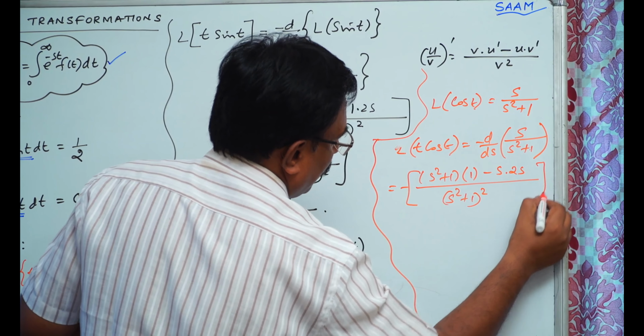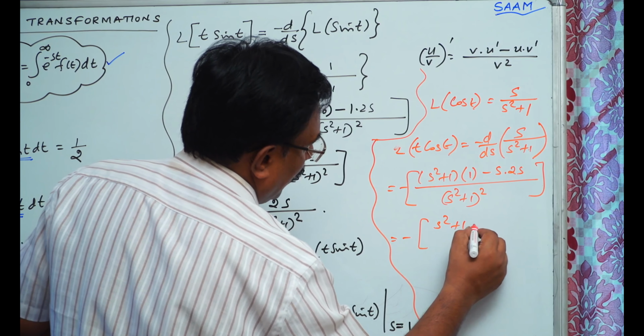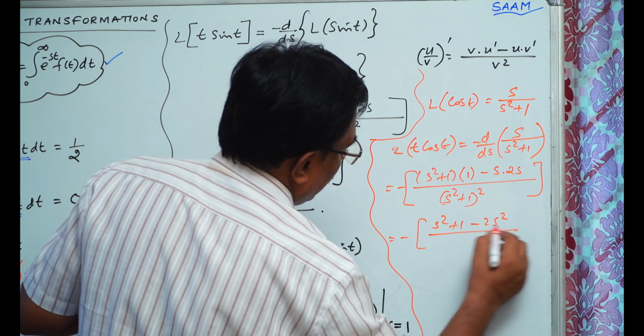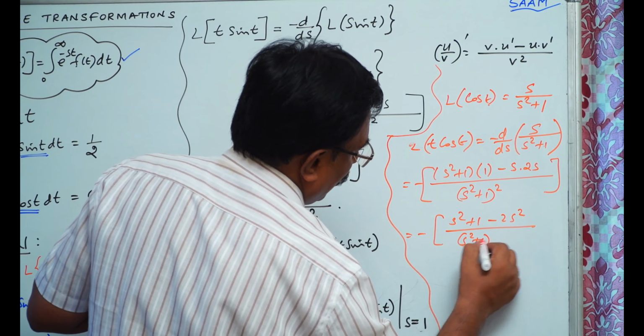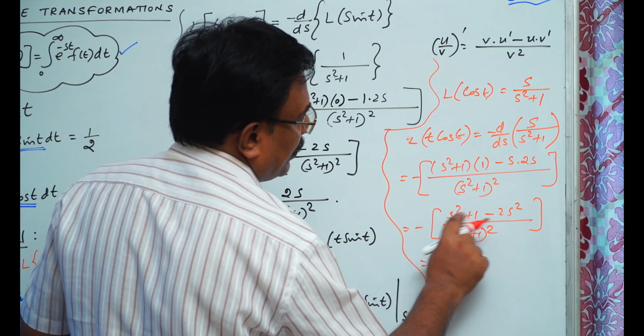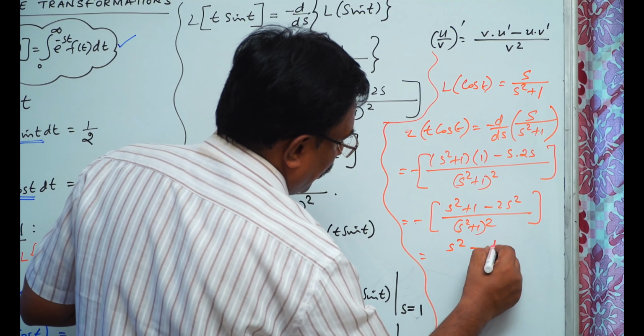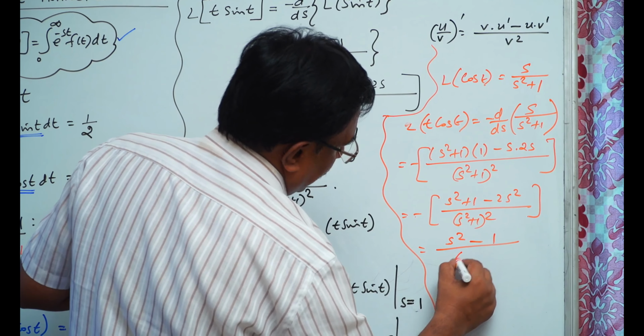So minus of (1 into s square plus 1, minus 2s square) divided by s square plus 1 whole square, which is minus of (minus s square plus 1), that is s square minus 1, over s square plus 1 whole square. This is Laplace of t cos t.